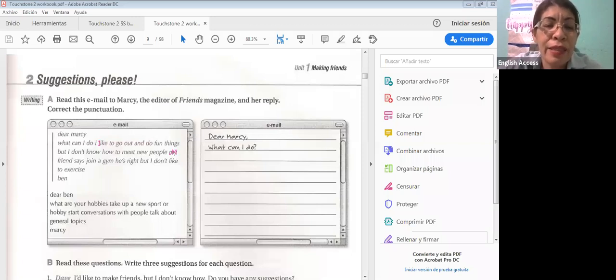And then what else do you have? We have the first line on it. Take up a new sport or hobby. And then what do we need? Comma. Start conversations with people.